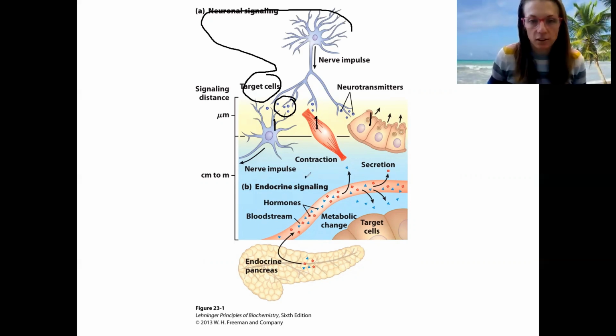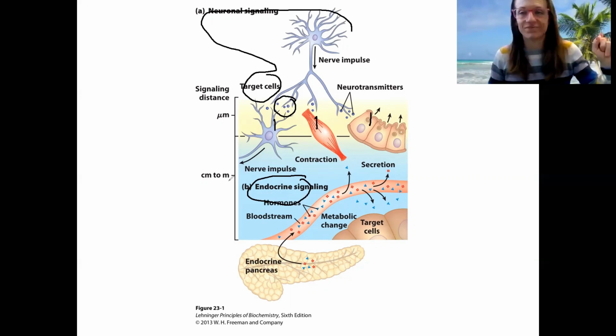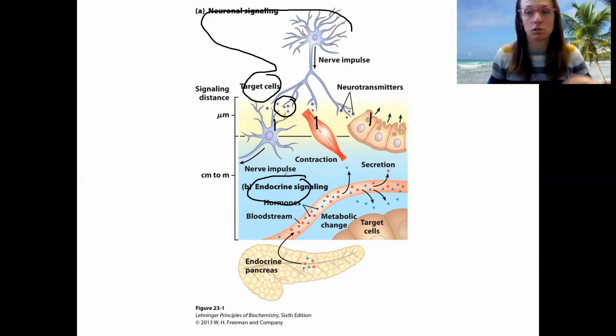Endocrine signaling, on the other hand, over here, so if it's from the pancreas, for example, it's traveling throughout the bloodstream, and the distance that signal can travel is much larger, so centimeters. Example of hypothalamus pituitary, a localized blood pathway, but typically meters. I'm over a meter tall, so in the range of meters if it's being released by your gonads and traveling up to your brain, for example.